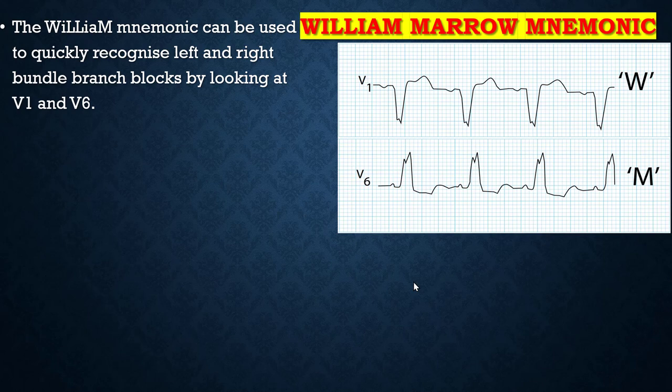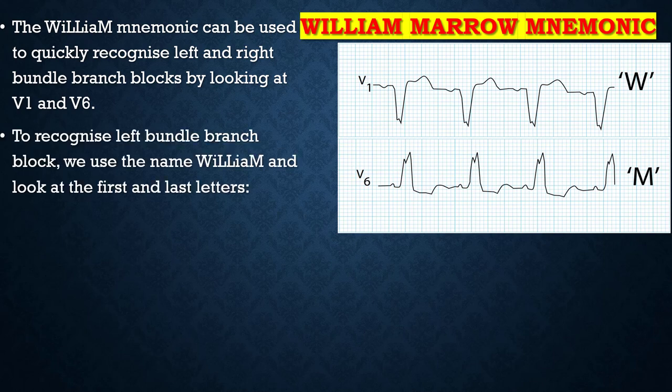The mnemonic William can be used to quickly recognize left and right bundle branch block by looking at the V1 and V6. This is the V1 lead and this is the V6 lead. From here we can identify the right or left bundle branch block.